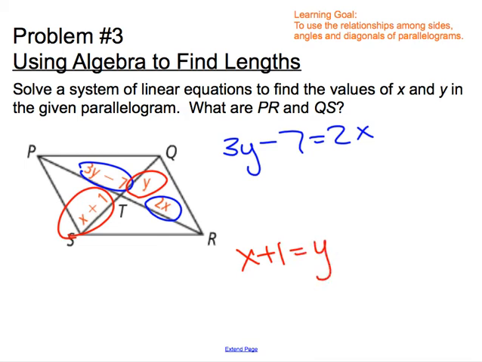When we solve systems of equations, it's best to have an equation that's already solved for one variable. So in this case, I would use the fact that the red equation is solved for y and plug that into the top equation. So if we do that, we have 3 times x plus 1 minus 7 equals 2x. Using the distributive property, we have 3 times x plus 3 minus 7 equals 2x.